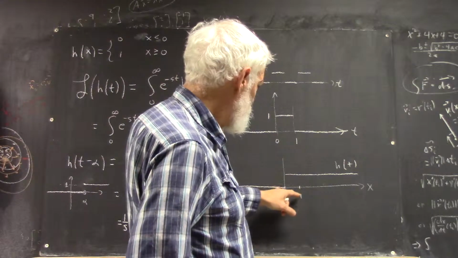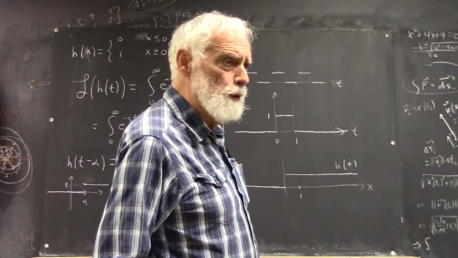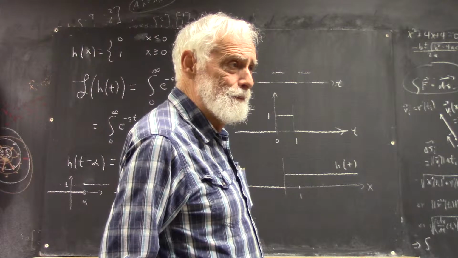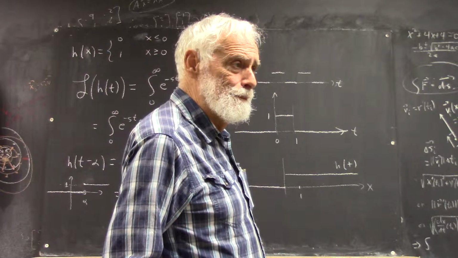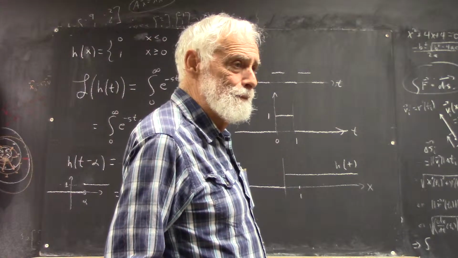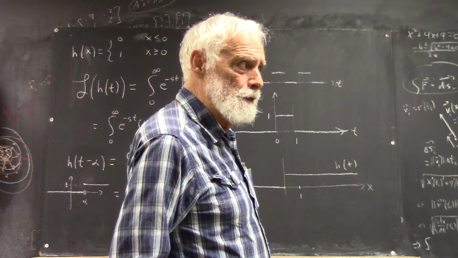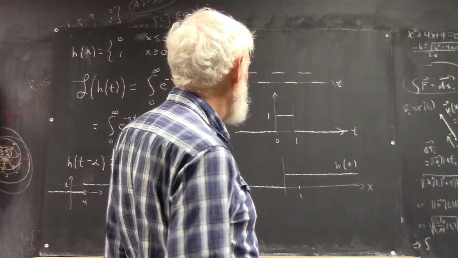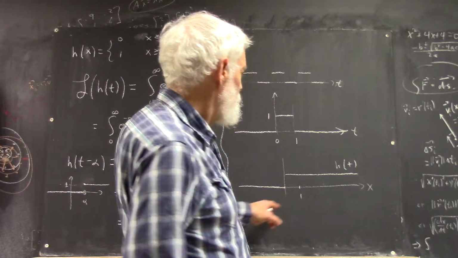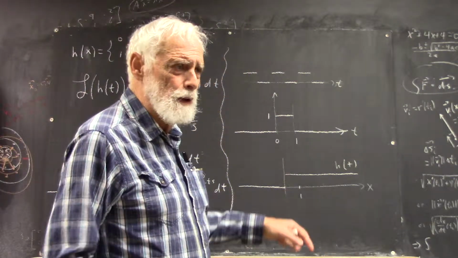So is there a function that from here on would be equal to 0? The Heaviside function shifted somewhat to the right. Okay, it'd have to be shifted, maybe 1 unit, but then what else would it have to be?